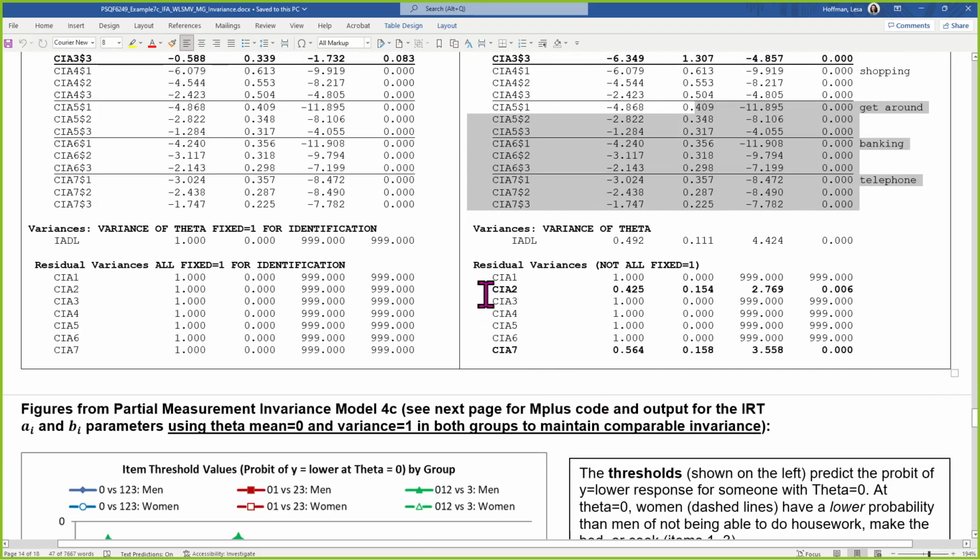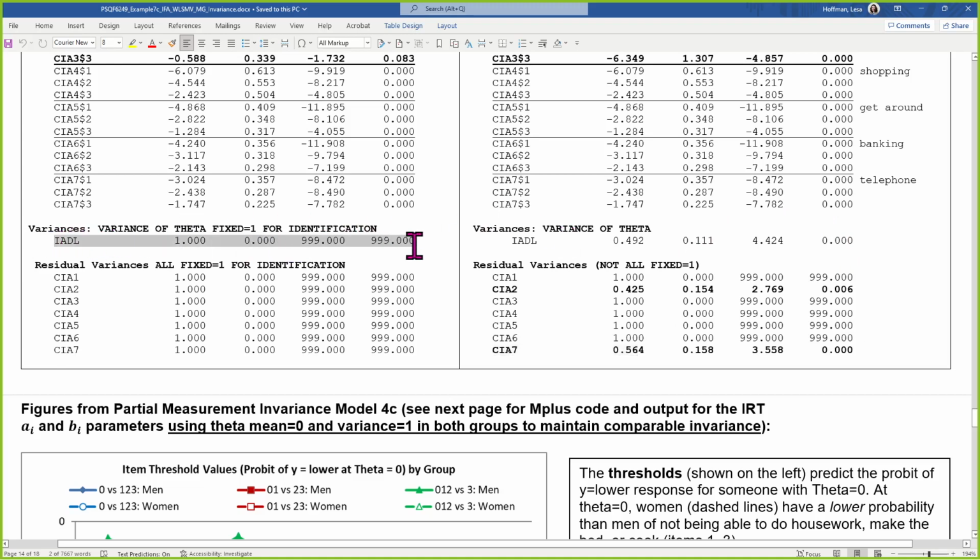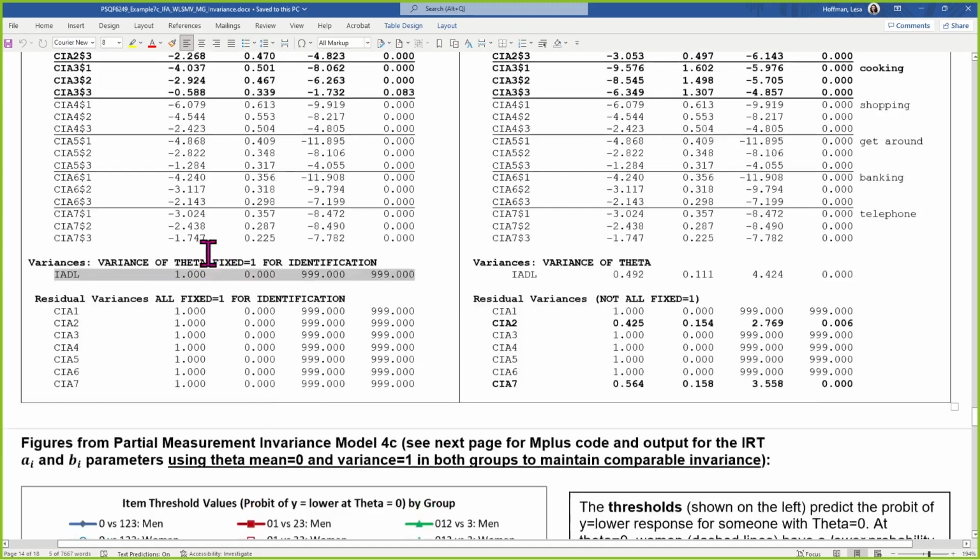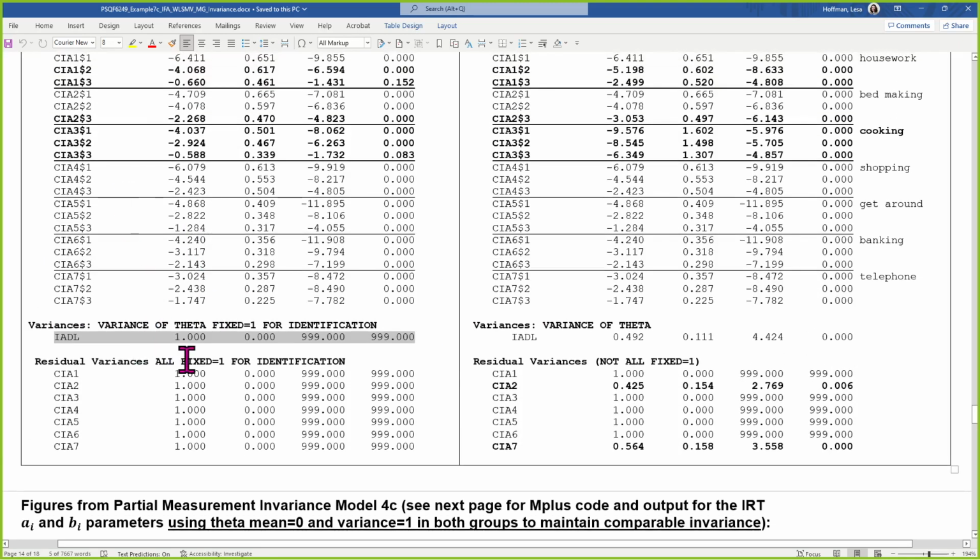Items 2 and 7, the amount of variance that's not the factor is lower in women, whatever that means. In terms of trait differences, in the reference group of men, our variance of theta is fixed to 1, and that's to identify the model. So both groups are on the same scale now. The men have a theta of 0 on average and a variance of 1.